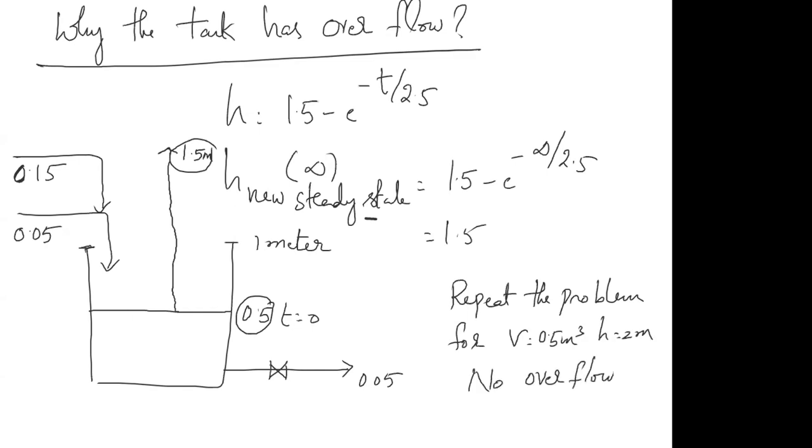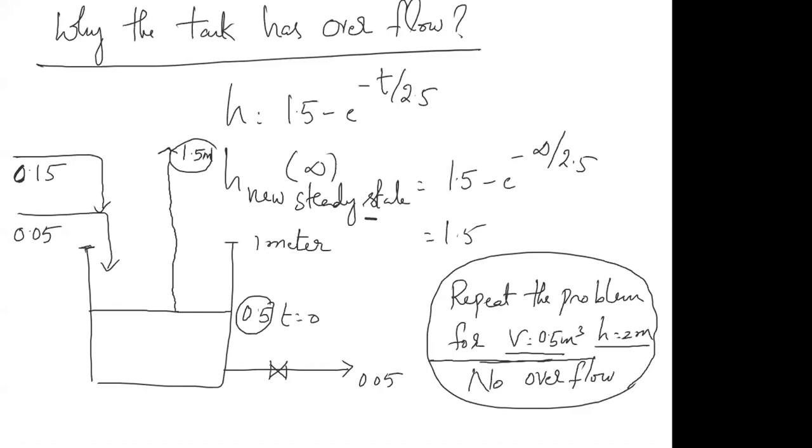I kept the area the same, 0.25 only. So whatever the new height that you are going to achieve will be the same, 1.5. The height of the tank is 2 meters, so a 1.5 meter level is possible in the 2 meter tank. That is why there will be no overflow. Understood?